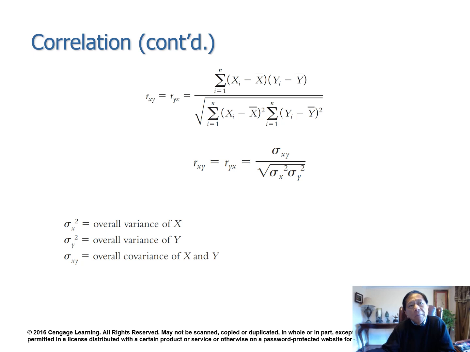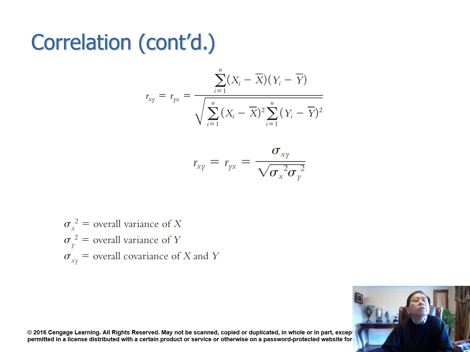Keep in mind, rxy equals ryx. So the correlation between two variables doesn't matter which one is first and which one is second. They're the same. Basically, this part here is sigma xy, the covariance of x and y, and here are sigma x squared and sigma y squared.